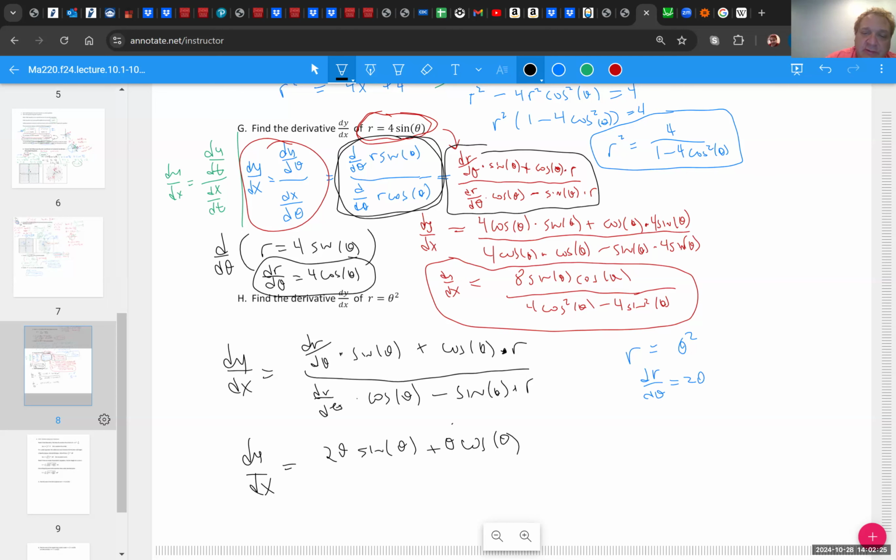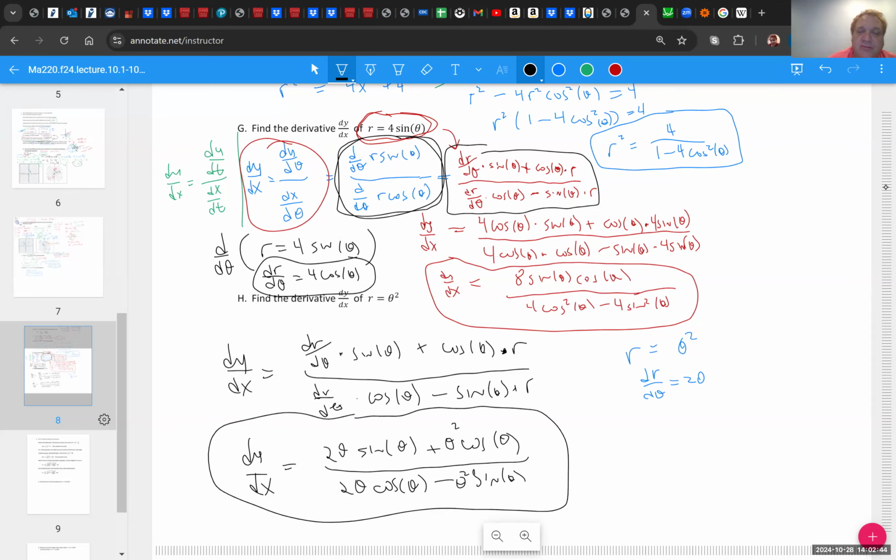I'll put the theta squared in front. And then on the bottom, I have dr d theta, which we know is 2 theta times cosine theta, and then minus sine theta times r, which is just theta squared. And nothing much to simplify here. That is your answer for dy dx when r is equal to theta squared.